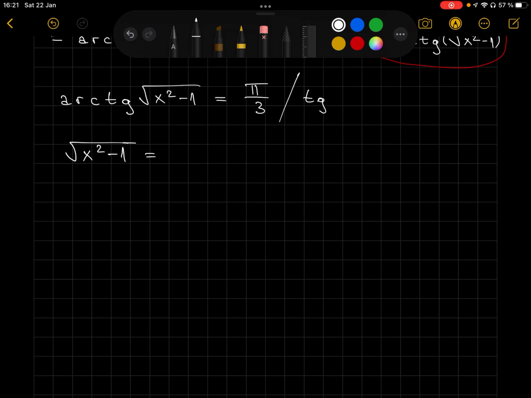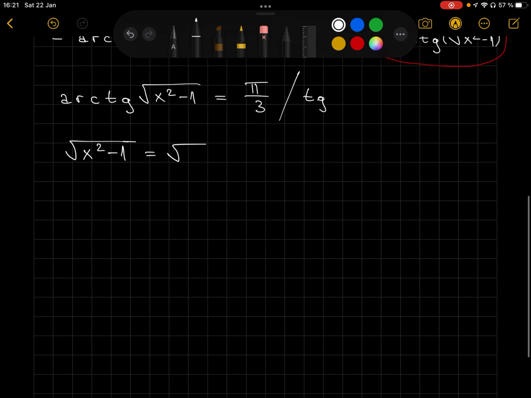and we'll get to that in a moment. The tangent of pi over 3 is simply equal to the square root of 3.